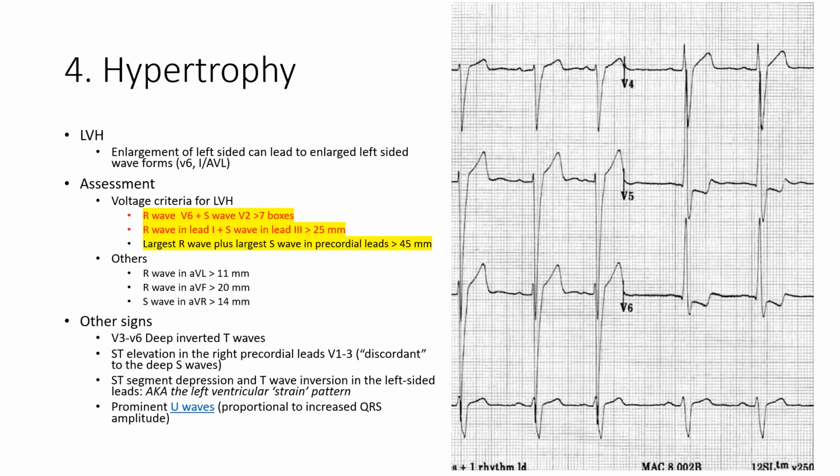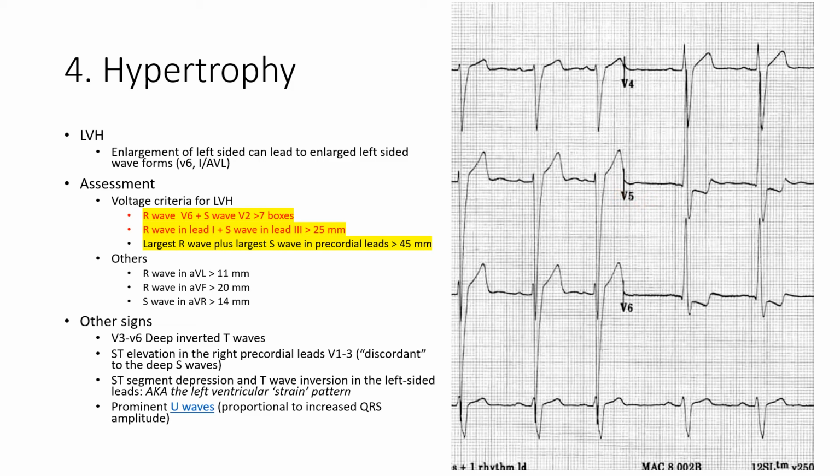Another one to remember is that if the R wave in V6 plus the S wave in V2 is greater than 7 boxes, that's also voltage criteria for LVH. Let's look here. This is V5, which means that this here is V2, and this is V5.